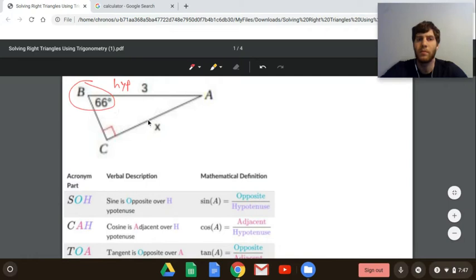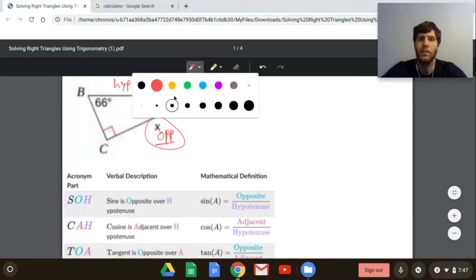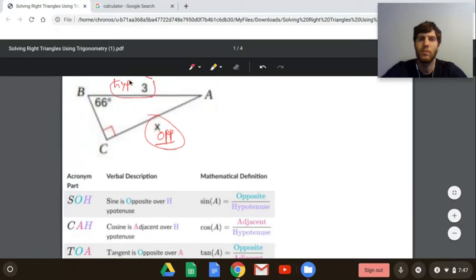Remember, opposite is across, so X is going to be opposite. And then BC is going to be adjacent, but we don't have any information there. So we're working with opposite and hypotenuse.